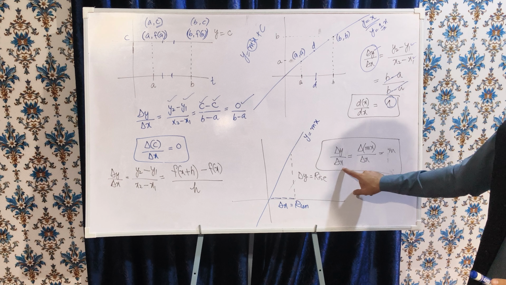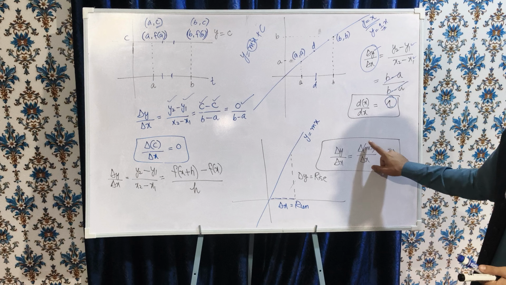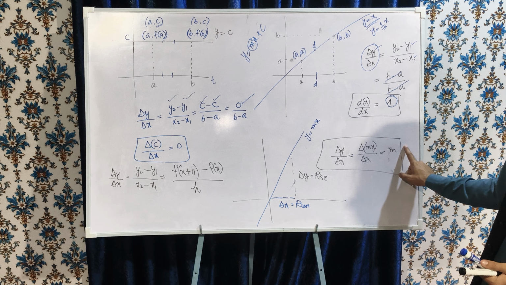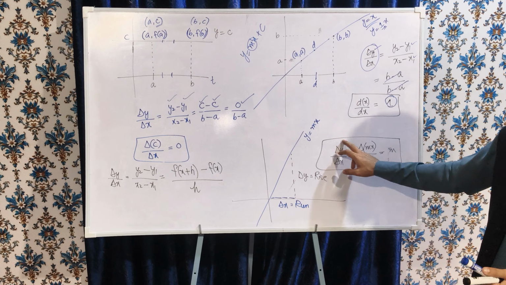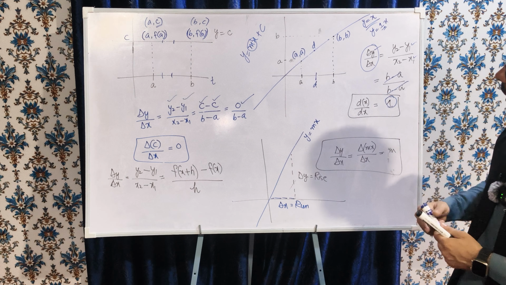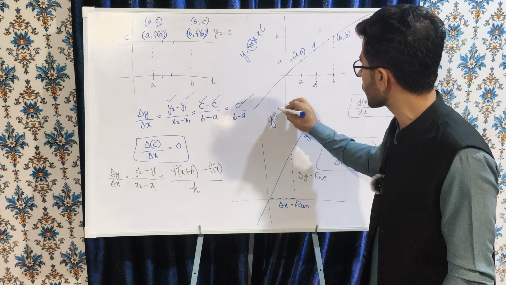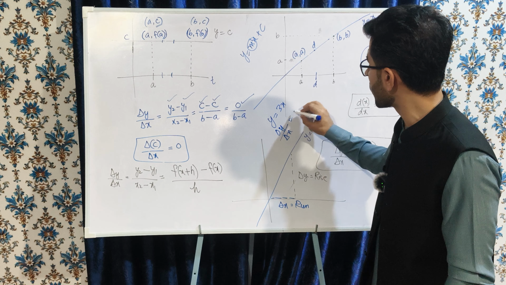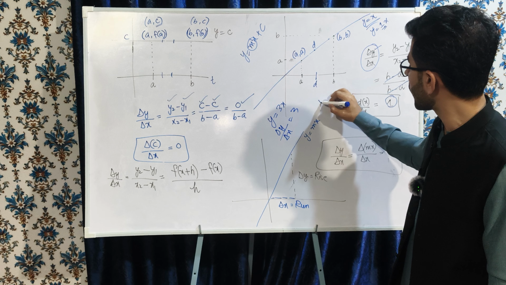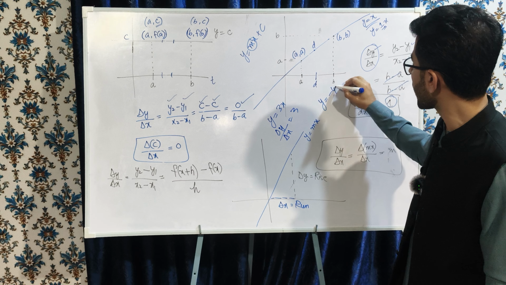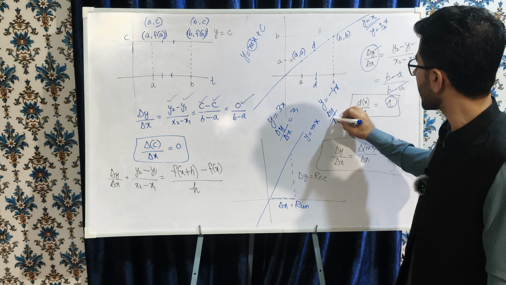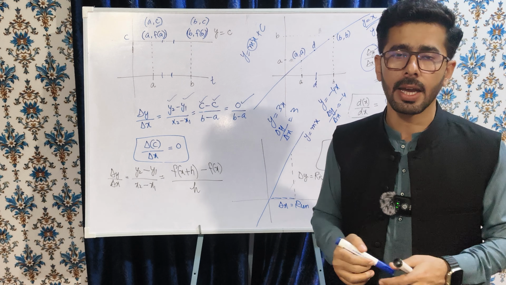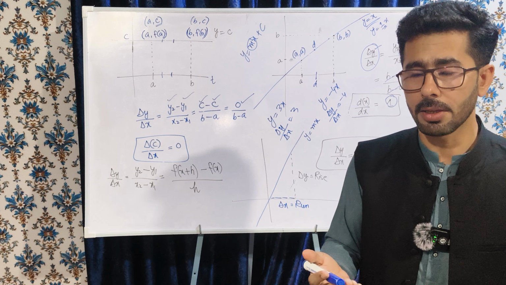So change in y with respect to change in x, or the change in the function m times x with respect to x, is m, because slope and rate of change are the same thing. So if I have the equation y equals 3x, then delta y by delta x will be equal to 3. If I have y equals minus 4x, then delta y by delta x will be negative 4. So whatever slope I have, the rate of change will be the same thing.